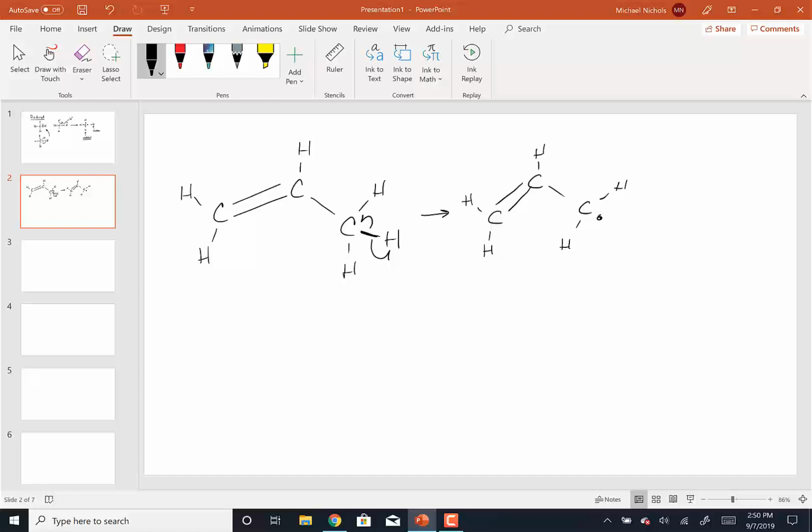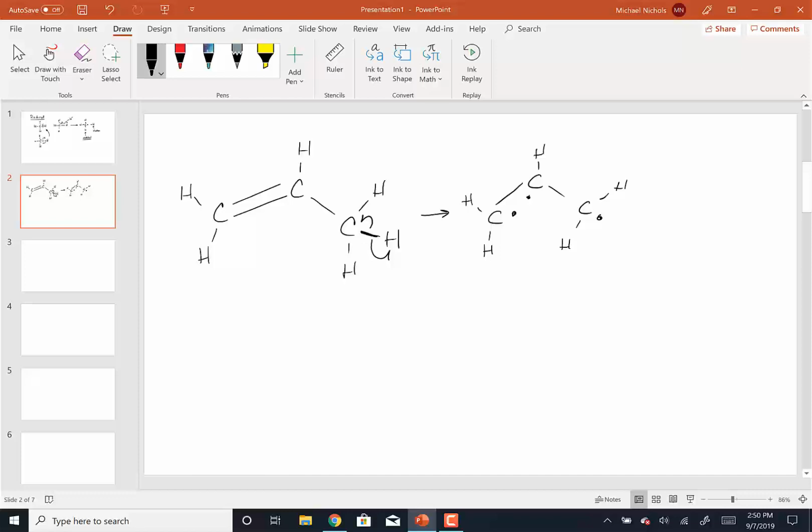But now I could write the resonance structure for this, and it will show 3 fishhook arrows. I'm going to break this down because this is the first time we would do this. Let's say that I broke the carbon-carbon double bond. I'll erase it, and I'll replace it with the 2 electrons that are in that bond.